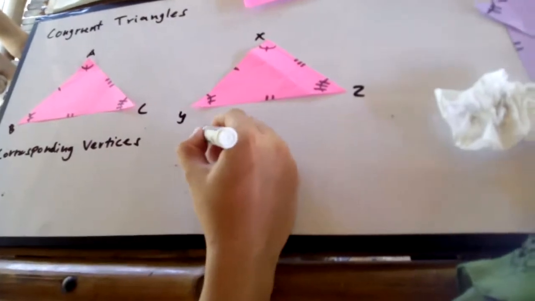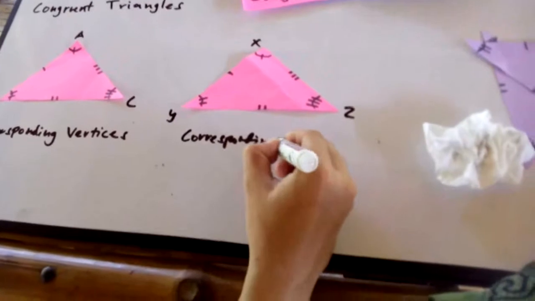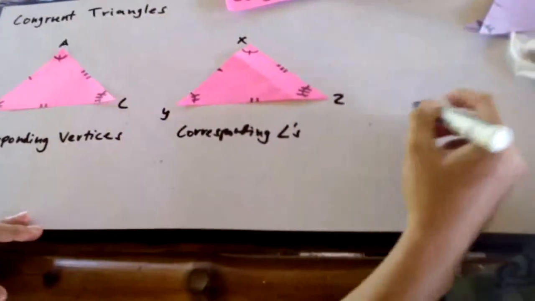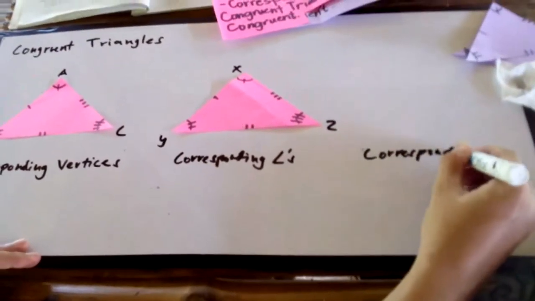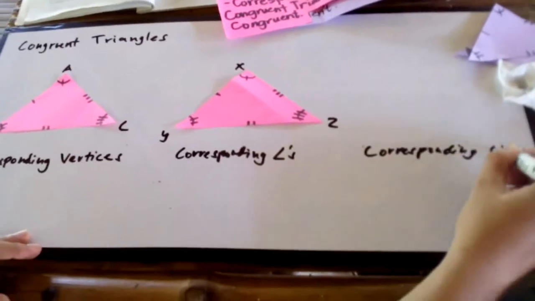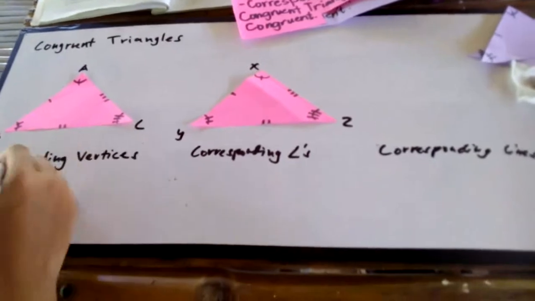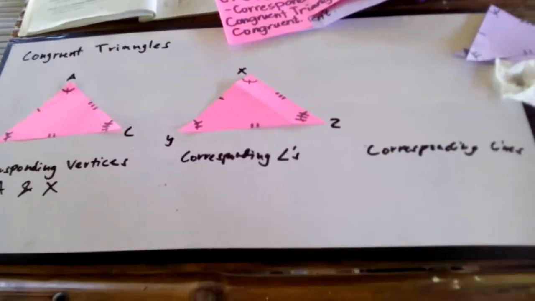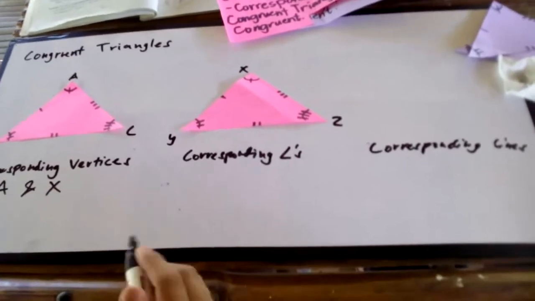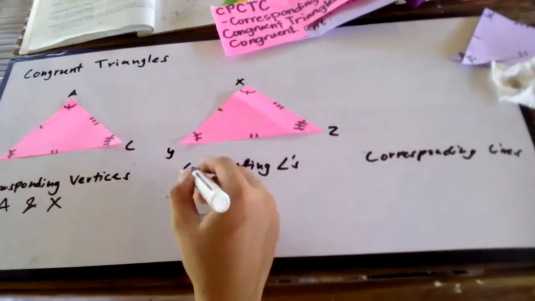On the side, we have the corresponding angles, and on the last side, the corresponding lines. In our first vertices, A and X, what is the corresponding angle? Of course, angle A corresponds to angle X.